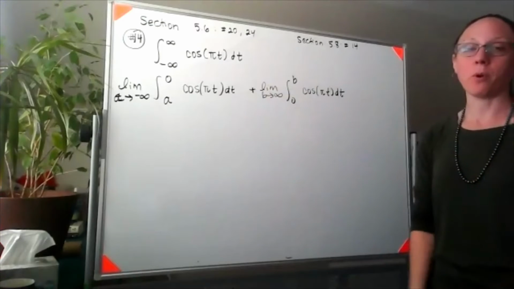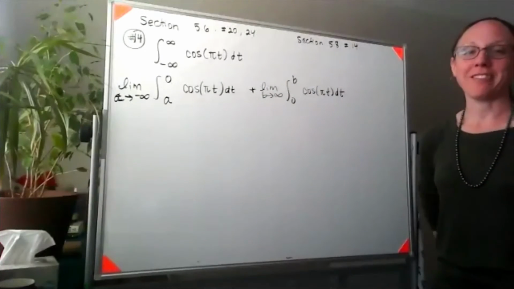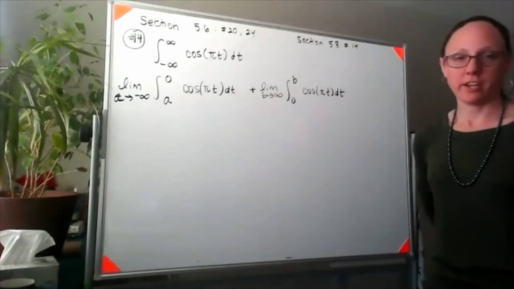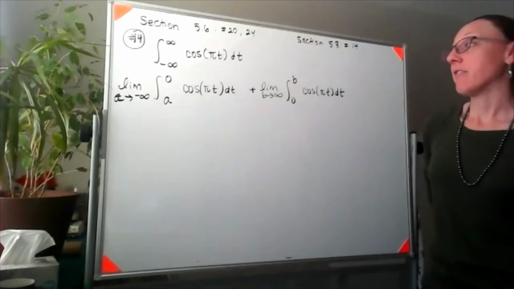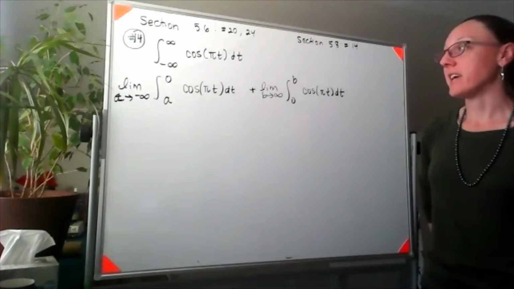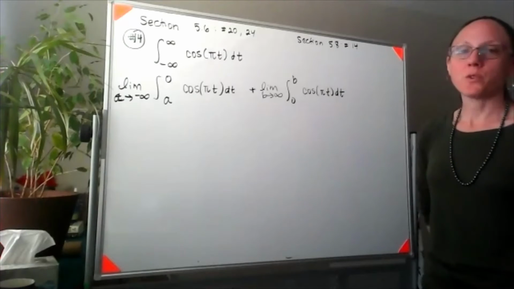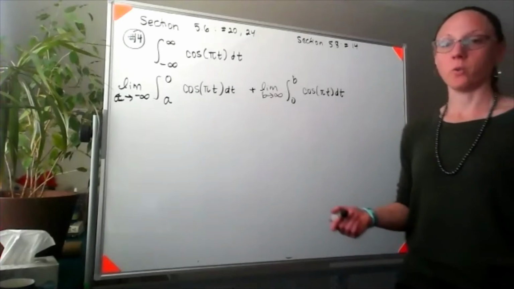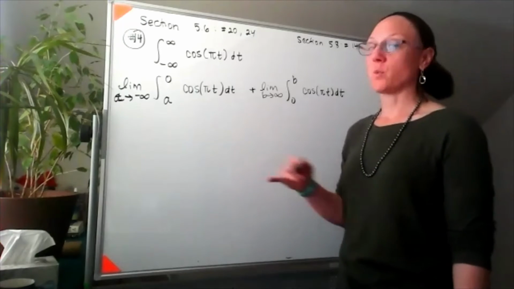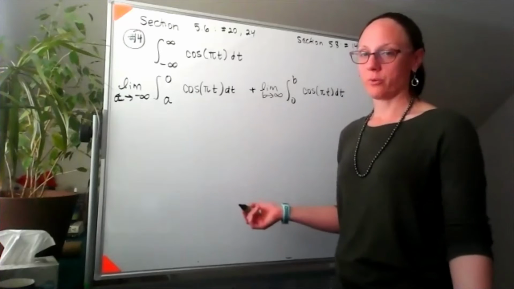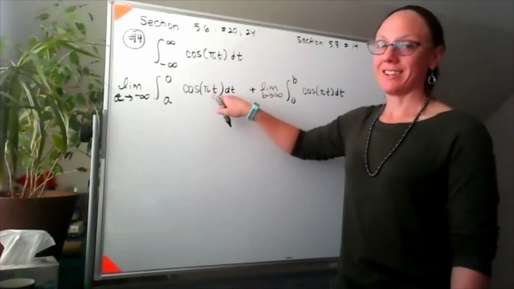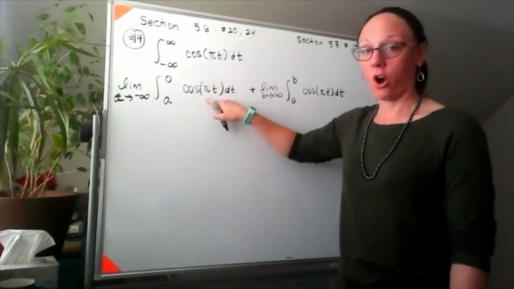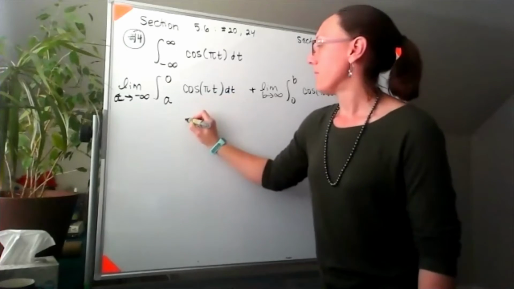For any of our improper integrals, we still have to find the antiderivatives, and nothing has changed about how we're going to do that. If I'm looking at cosine of pi t, I'm thinking to myself, who's the function whose derivative is positive cosine? And that function would be sine. As with any trig integral or derivative for that matter, calculus can't change what's the argument of the cosine.